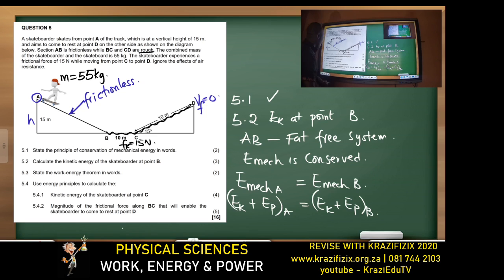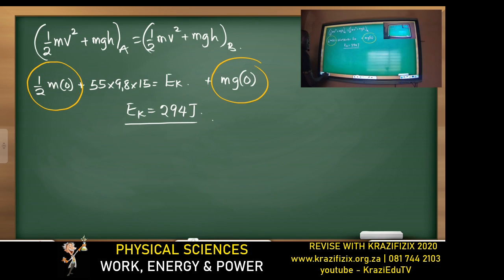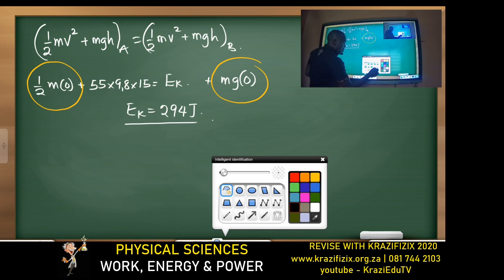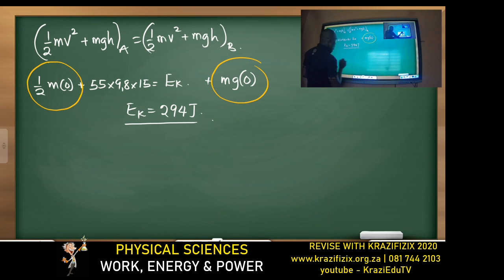Look at the question. Use energy principles to calculate the kinetic energy of the skateboarder at point C. What do you notice about point B and C? It is a straight line, but there is friction involved, which is 15. I have very few minutes, so let's work here.